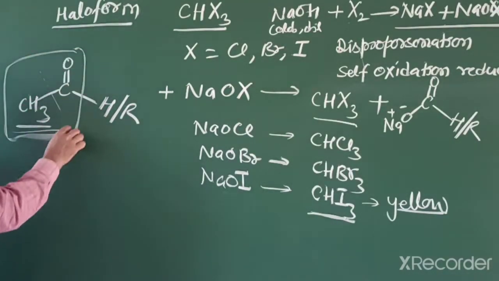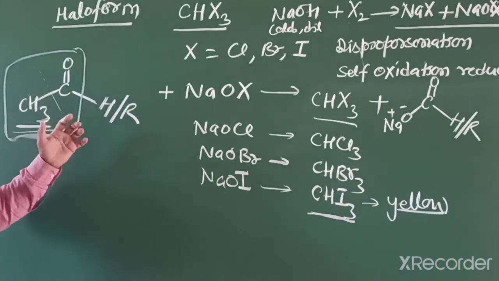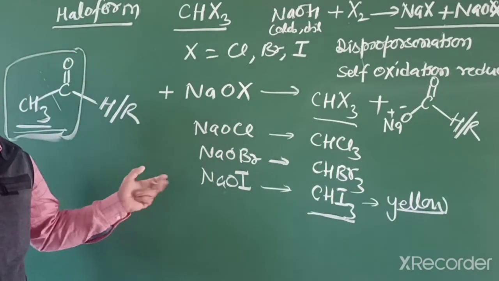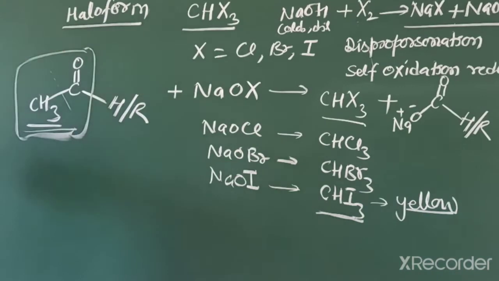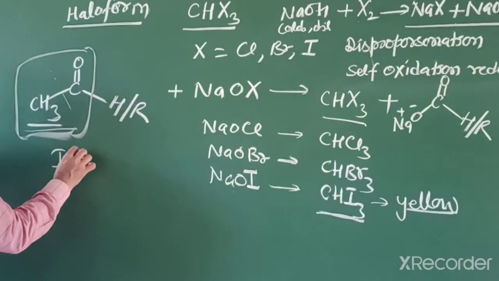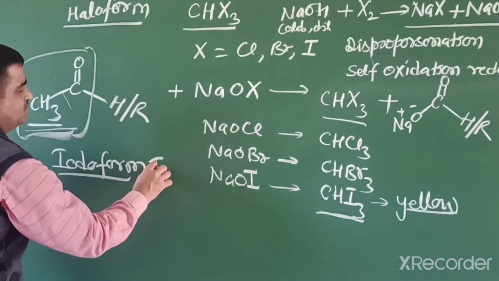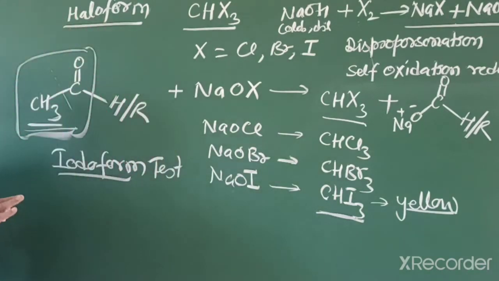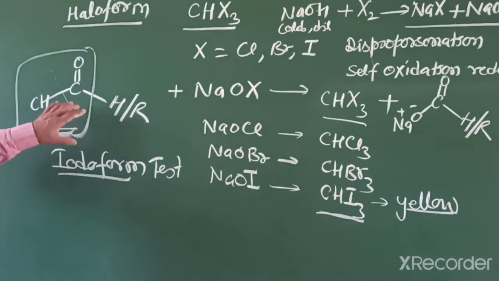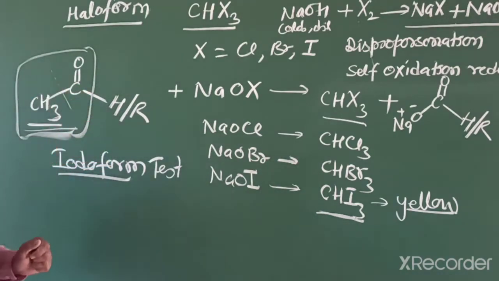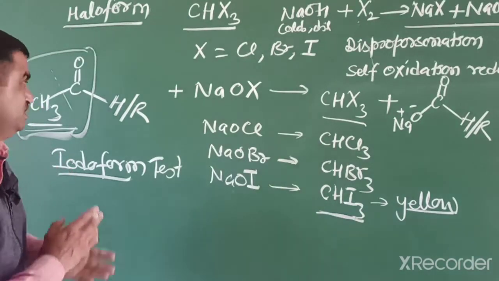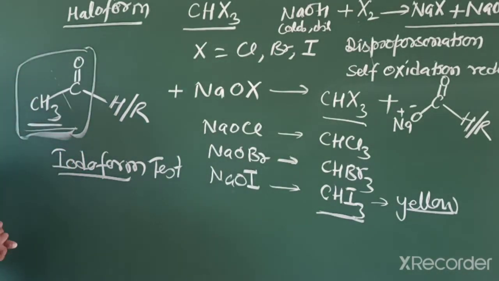Those having a CH3 group can easily be distinguished by the iodoform test. This reaction is known as the iodoform test, generally called the haloform test or haloform reaction. So by the haloform reaction we can distinguish methyl ketones, that is the CH3CO group, or aldehydes having a CH3 group, meaning ethanal can be distinguished from other aldehydes.